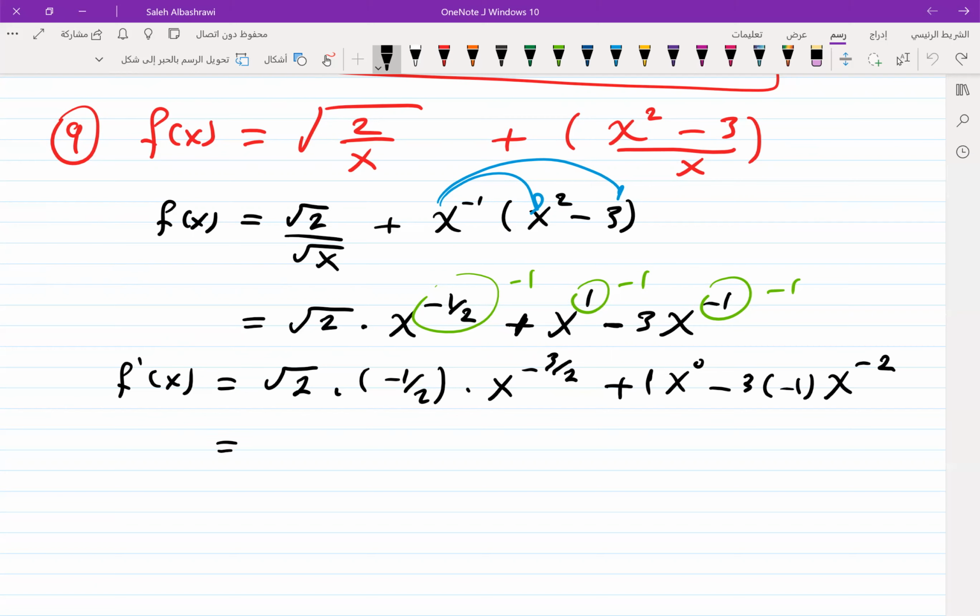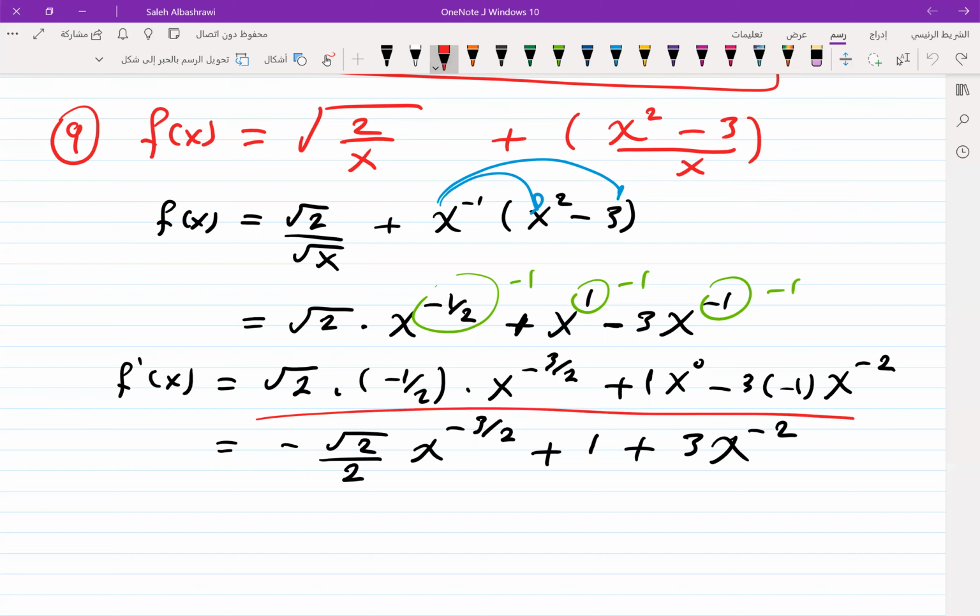So this is equal to minus square root of 2 divided by 2, x to the power minus 3 over 2, plus 1 plus 3 x to the power minus 2. And this will be the derivative of the function.